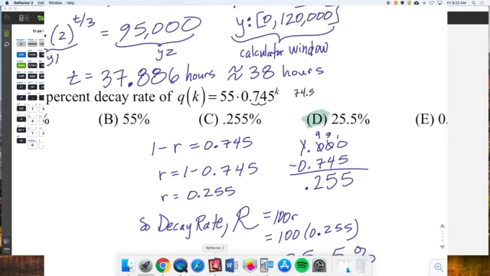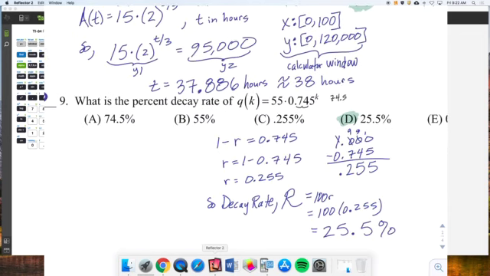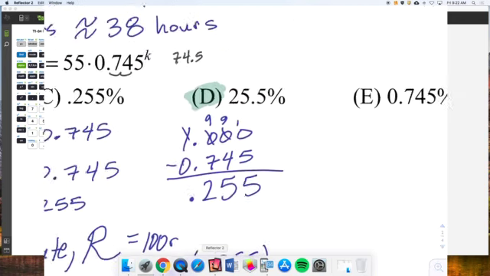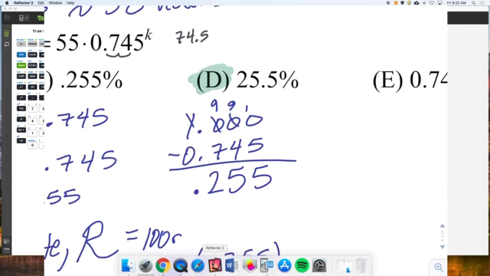So we take 74.5 and subtract from 100, or if we're crazy with a capital K, we can subtract 0.745 from 1. It's kind of the same thing. That's what I did. And you get 0.255, and then you can convert that to a percentage and get 25.5%. Okay, either way.